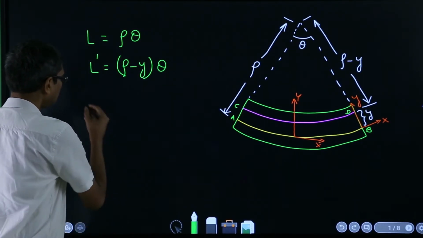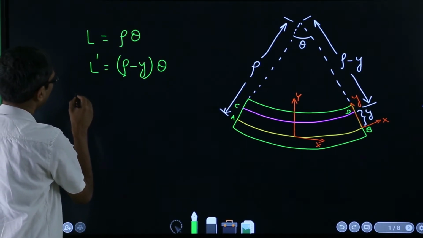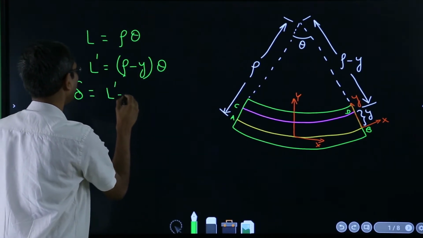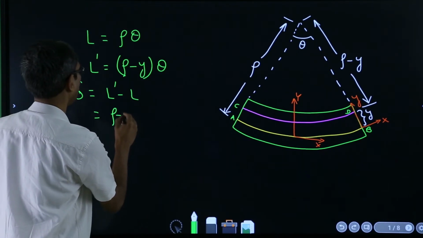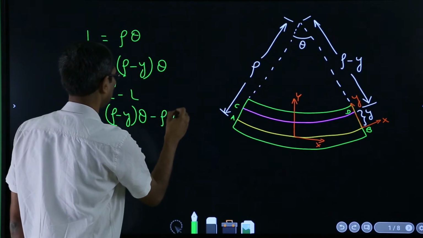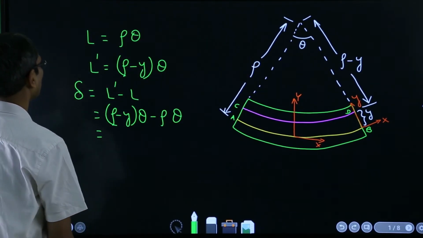So now the change in length, say delta, will be L prime minus L, which is nothing but rho minus y times theta minus rho theta, which is equal to what?